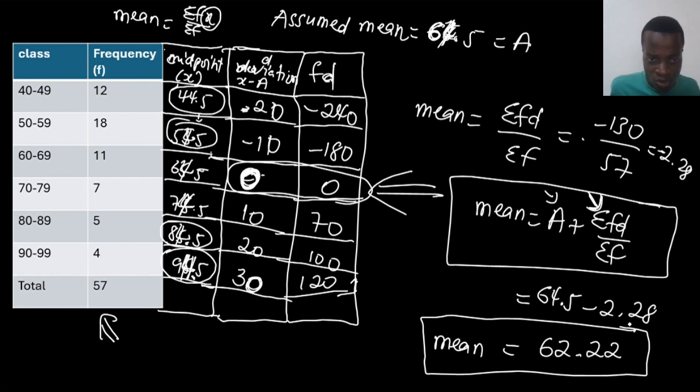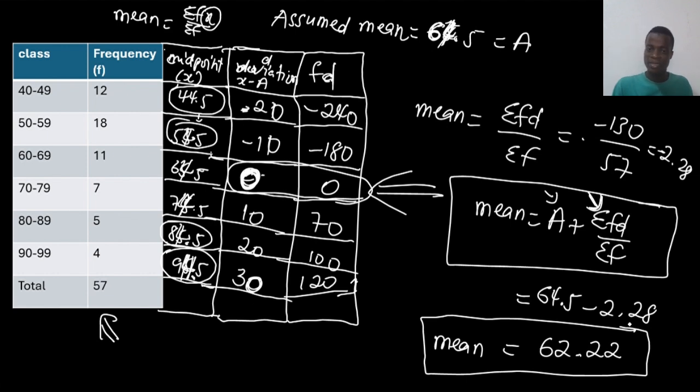If something is not clear, just go back and rewatch and hear what I said again at that point. The reason why we bring back the assumed mean is that it was not included in finding the sigma fd over sigma f. Since every other class midpoint has been evaluated around the assumed mean through subtraction, you need to make sure you bring it back.